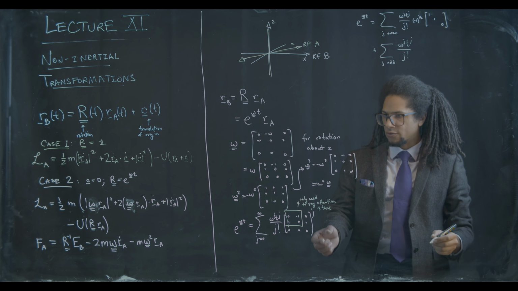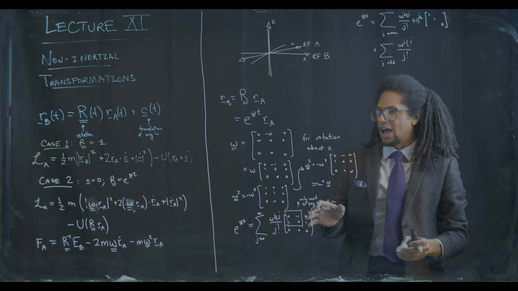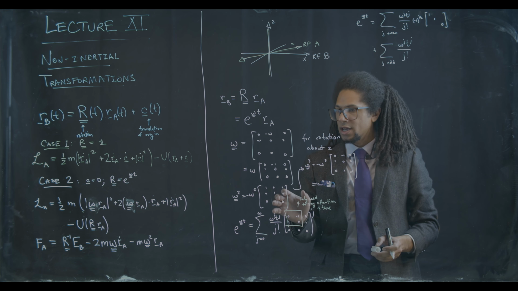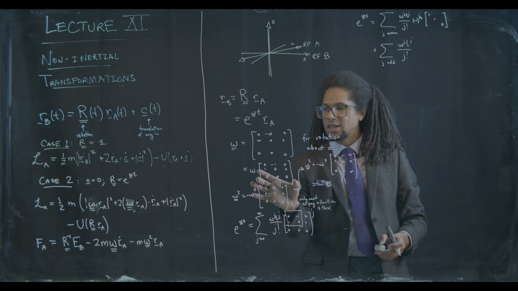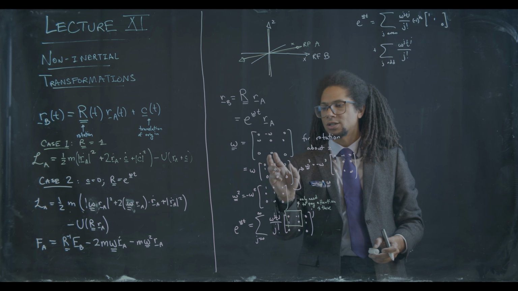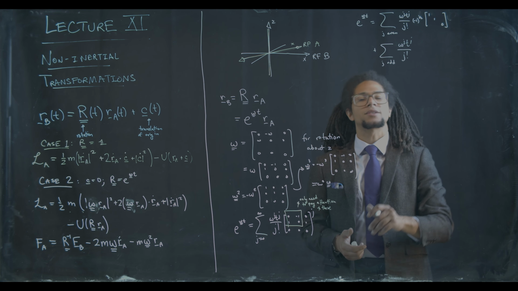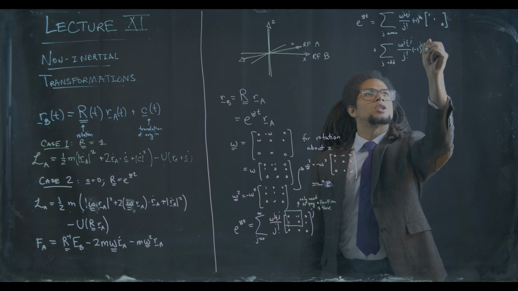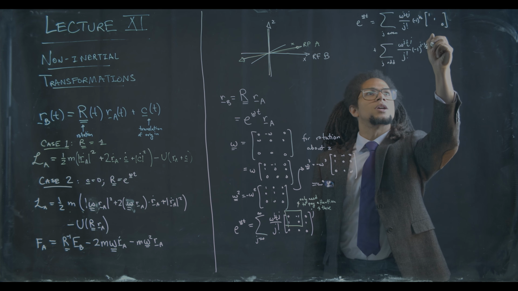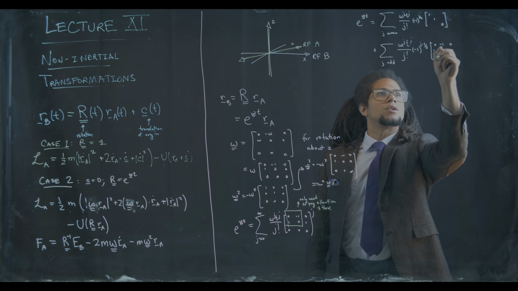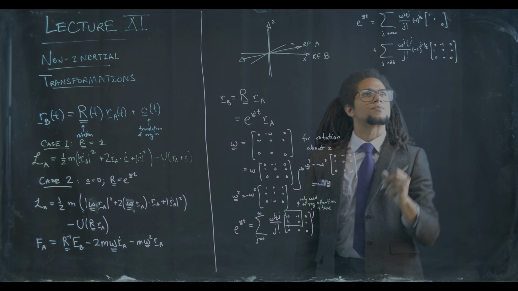Now for these ones, for the same reason, if I have a number which is of the form 4k plus 1, I know I'm going to get something that looks like this matrix. And if I have something that looks like 4k plus 3, I'm going to get the negative of that matrix. So let me try this, and we'll check and make sure that it's right. j minus 1 over 2 times 0, minus 1, 0, 1, 0, 0, 0, 0, 0.